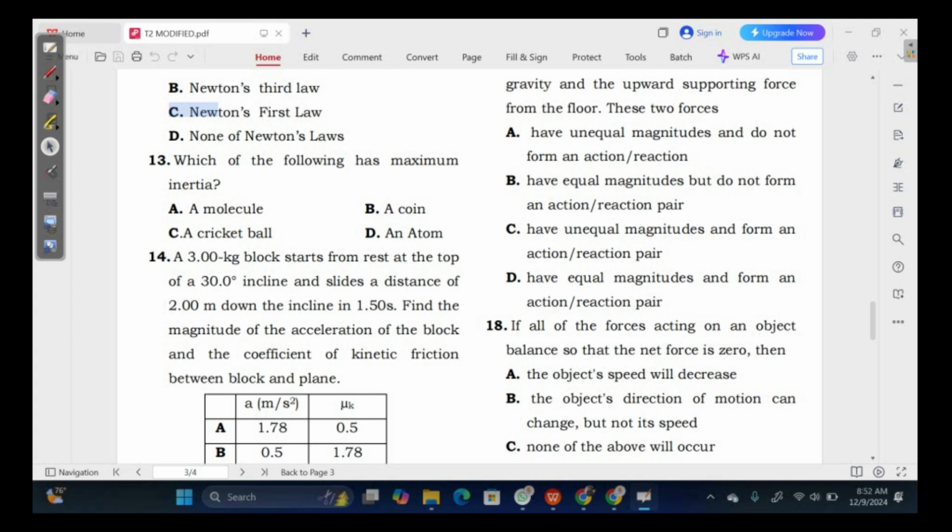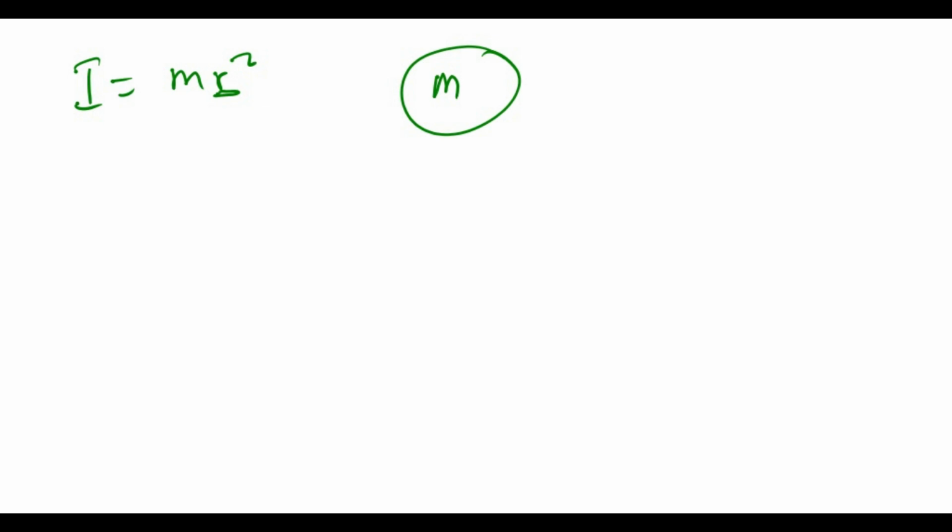Okay, so let's just do this. The options which we have here, inertia. I have got a molecule. A molecule is something that is very small. Let's say that is a molecule. Then that is a coin. So a coin, you can clearly see that it's just more like that. Then we also have a cricket ball.